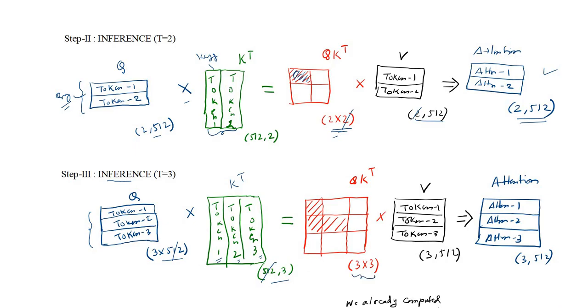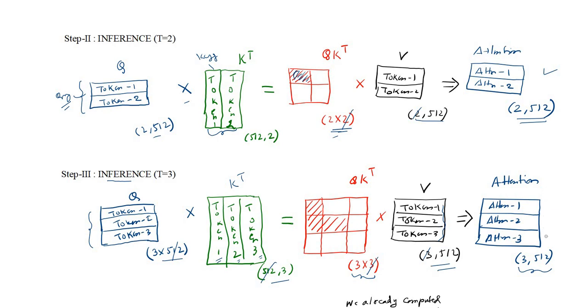Again we do the multiplication using V, which also has 3 tokens. If we multiply it, the inner dimension 3 cancels out, so finally it becomes 3 cross 512.